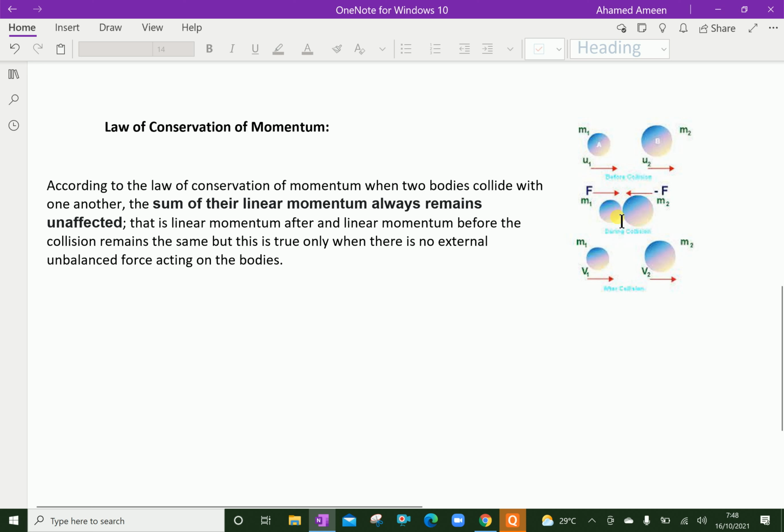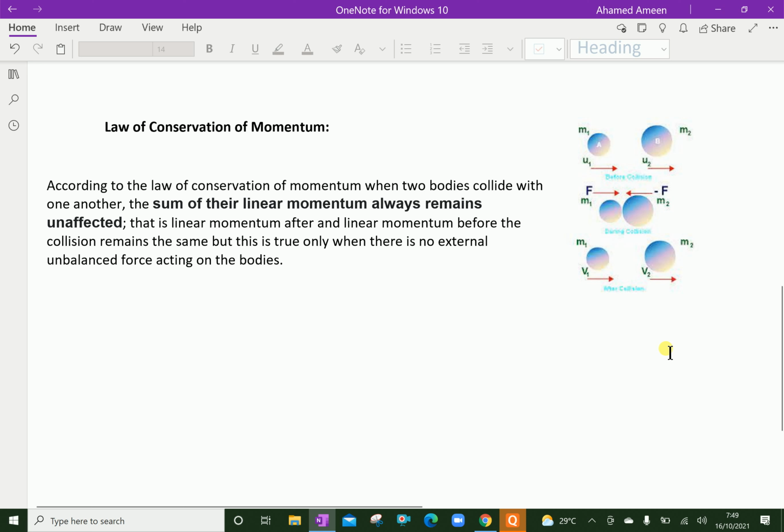Here they hit together and then rebound. The velocity of the first body after collision becomes v1, and the velocity of the second body is v2. That is, before collision the velocity of the first body is u1 and of the second body is u2, and after collision the velocity of the first body is v1 and of the second body is v2.